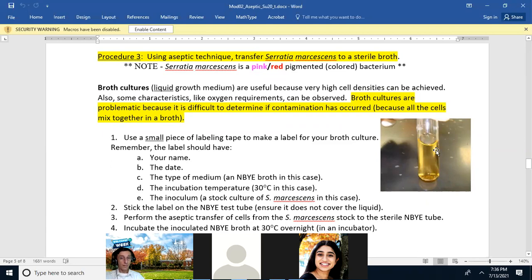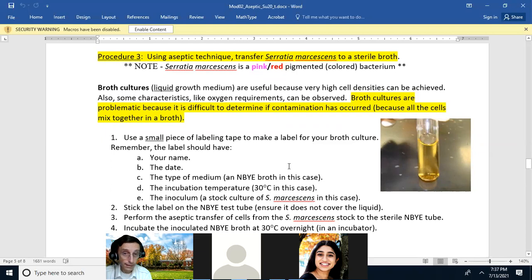They're all going to grow together, and if there's a minor contaminant, you will not know that there's a minor contaminant in a broth culture because it's liquid. If there's a major contaminant, you will probably notice that something's wrong. The culture may have the wrong color or the wrong growth characteristics.